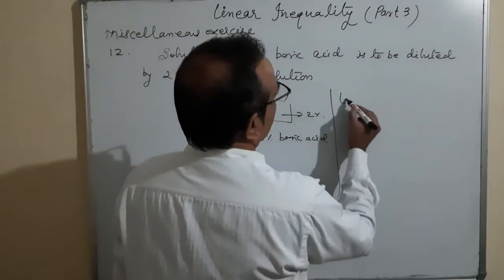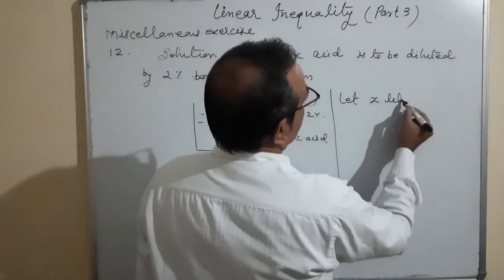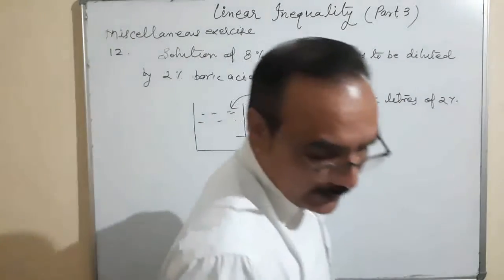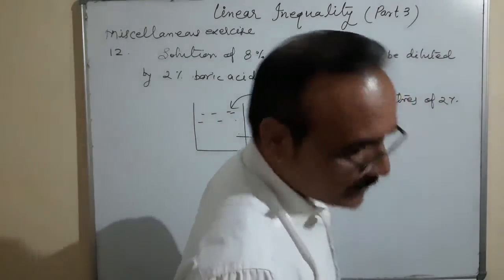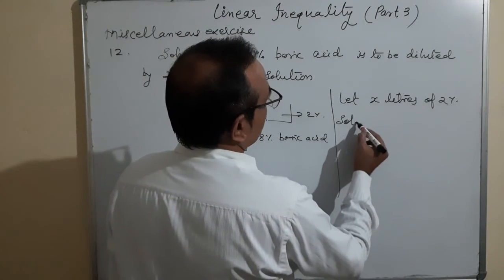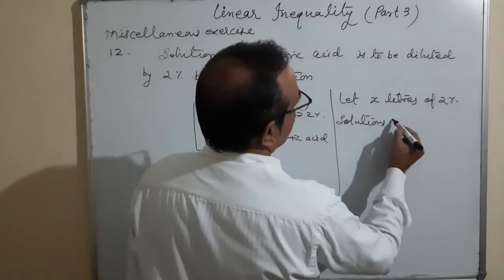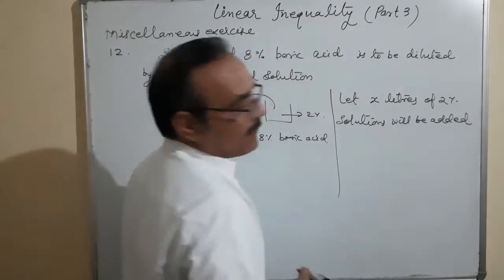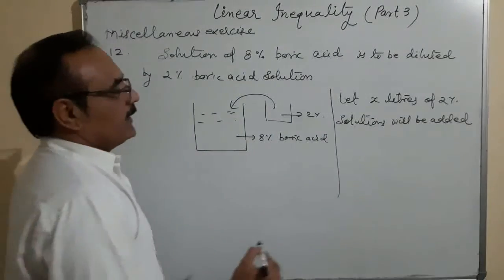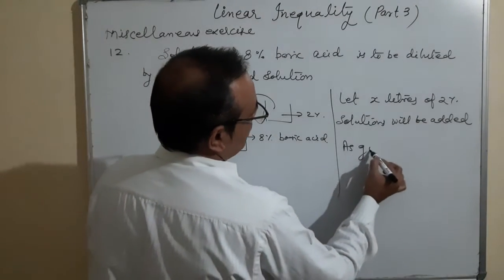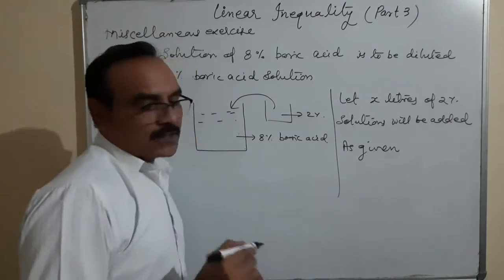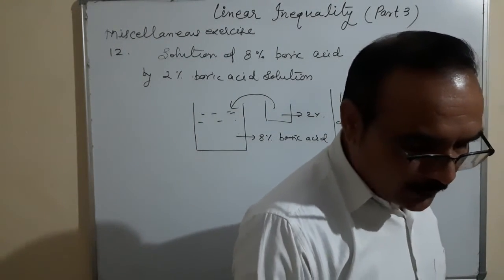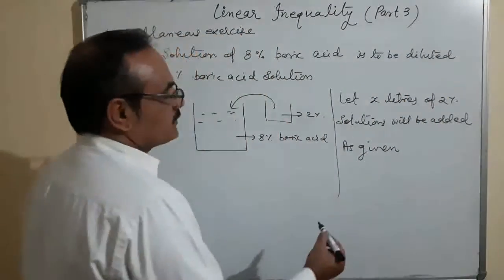Let X liters of 2% solution be added. As given, the condition says the resulting mixture is to be more than 4% but less than 6%.